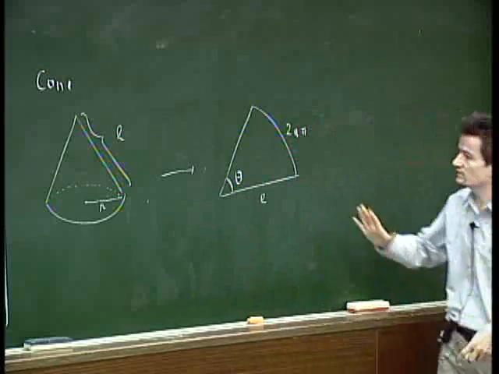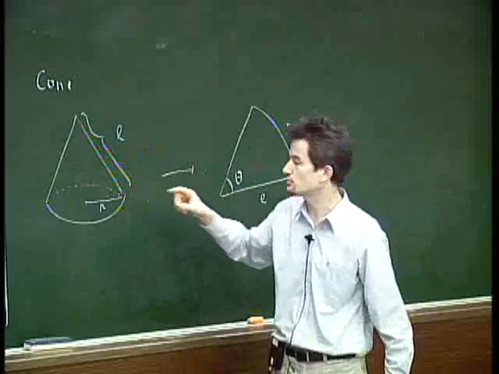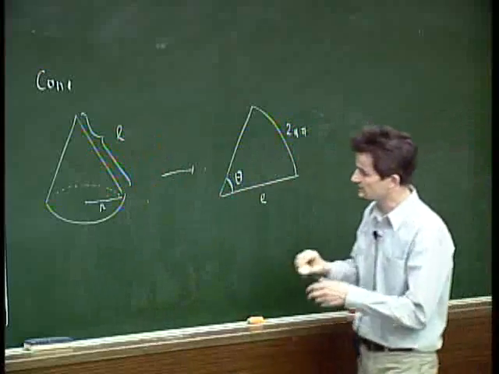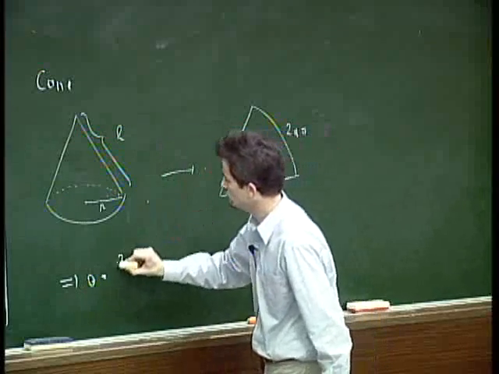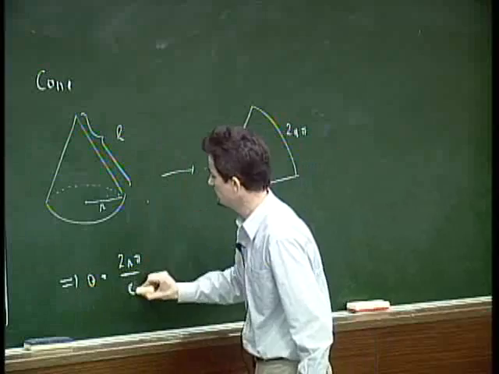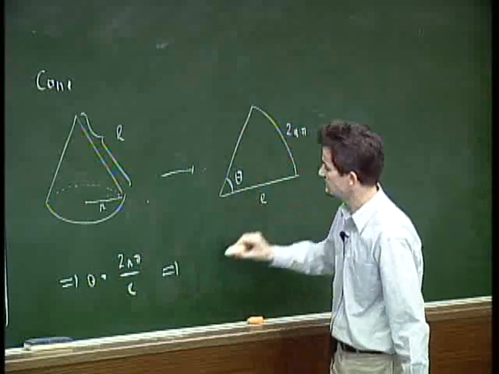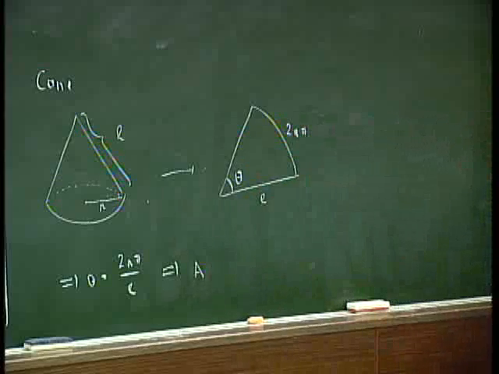And what you want to know now is the lateral surface area, which is equal to the area of this sector. You see that theta is equal to 2r pi over L. Now, the area of something like this is something we have already defined, because this is the area problem.